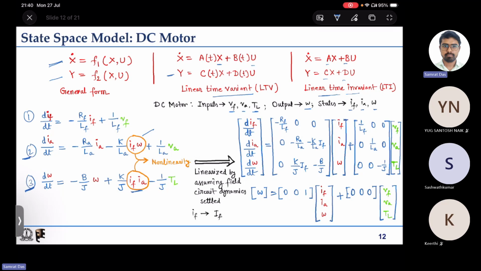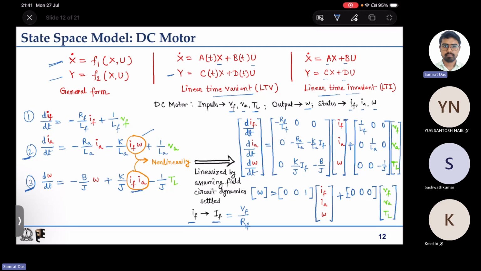But if we assume that before anything significant is done in the armature circuit or in the mechanical subsystem, all the dynamics of the field circuit has settled down, so the field winding current has settled down to a constant current If, which is nothing but whatever DC voltage you have applied divided by the resistance of the field winding circuit.